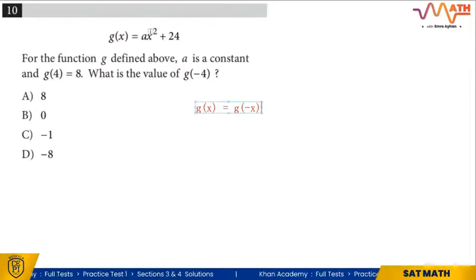Because of this x square here, when you substitute -x for x, it's going to be again positive x squared. So g of 4 and g of -4 will have the same result, which is 8.